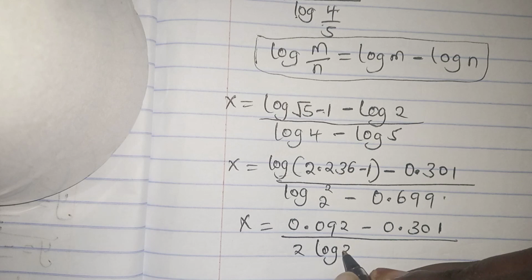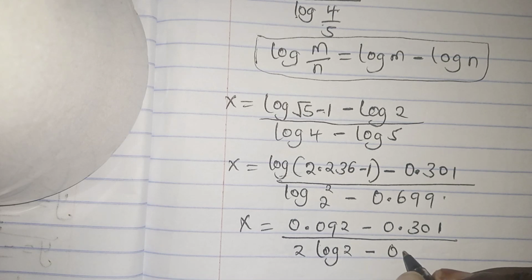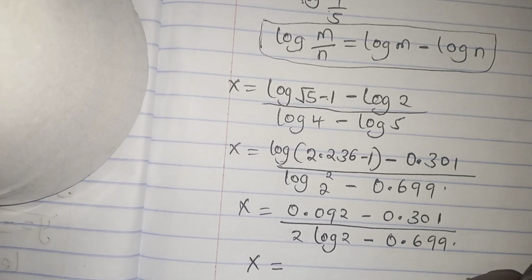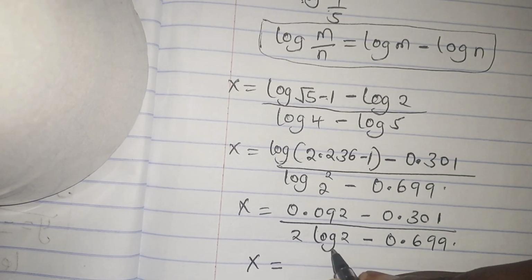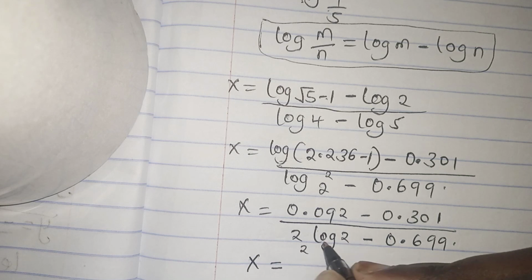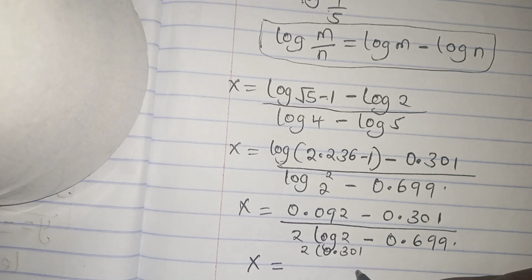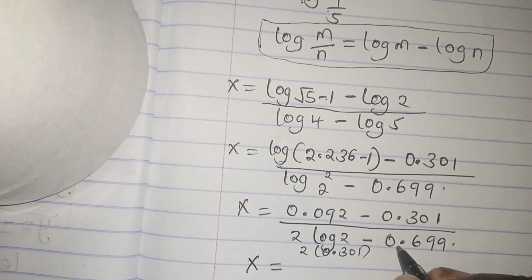So x is equal to, for this case here, 2 times log 2, which is 0.301. So 2 times this, minus this.